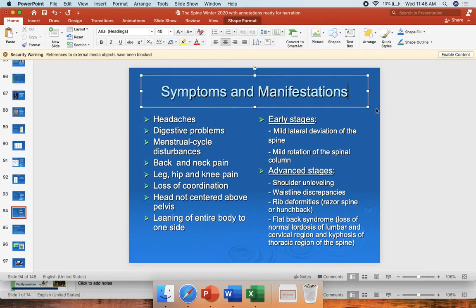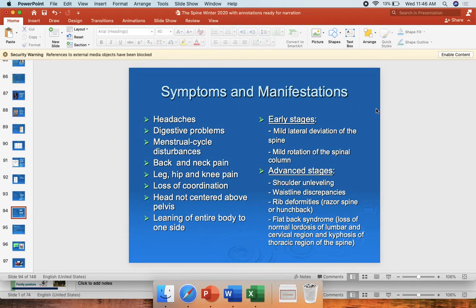I also want you to think really quickly, scoliosis, we're going to have some severe examples here in this slideshow. But I want you to realize that there's a lot more instances of less severe scoliosis. And scoliosis can go undiagnosed for quite a long period of time, especially think in our young females, right?